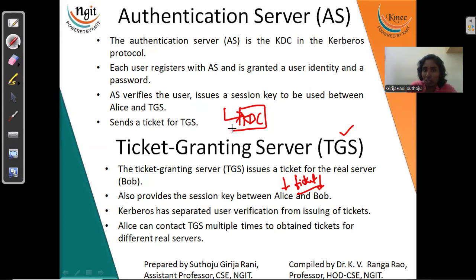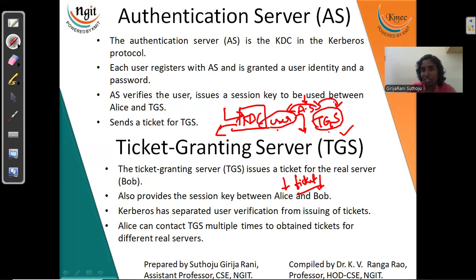This server is also responsible for creating a session key between the user and the upcoming server, that is TGS. So a user and TGS communication will be possible only by the ticket generated by the authentication server. So the mediator between user and TGS is the authentication server. Thus this server will be providing us a session key to communicate with TGS.